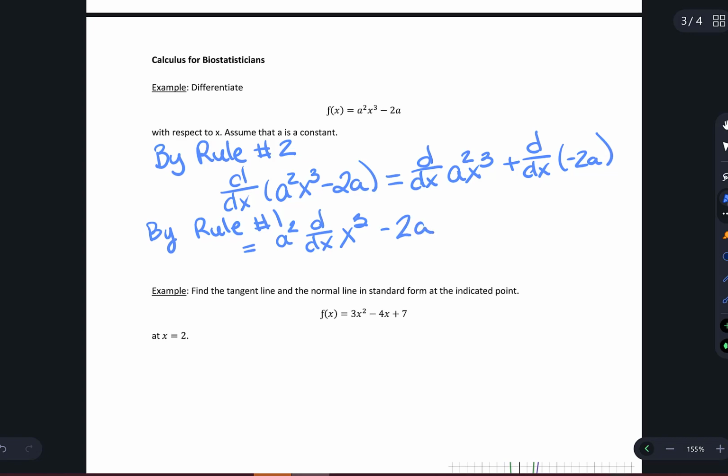Minus 2a times the derivative with respect to x of 1. And so again, our last term is going to go to 0 because there's no x to take the derivative with respect to. And then finally, by the power rule, we have that this is equal to a squared times 3x squared, which is equal to 3a squared x squared.